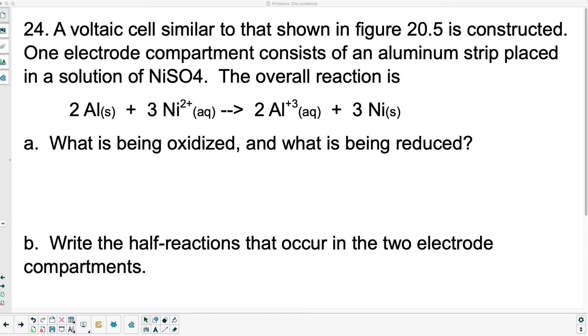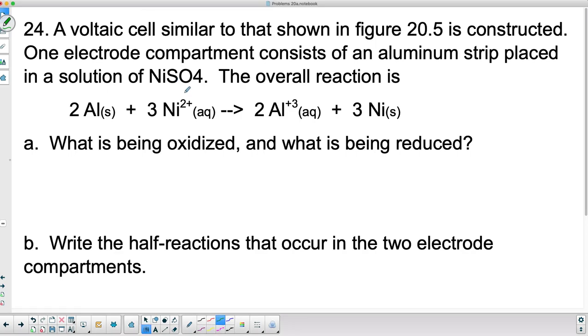a little quickly because this covers all of the stuff that we've already talked about. One of the half reactions is aluminum going from 0 to +3. That means we are moving right on the line from 0 to +3 on my number line, which means that this is oxidation.